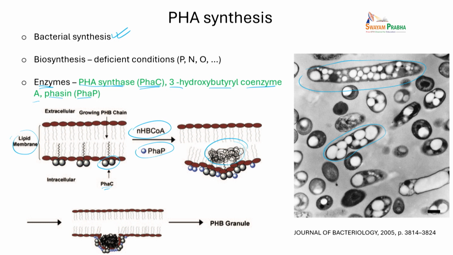Okay. So as this polymer gets longer and longer, they basically form a small granule, and this granule is what you see inside the cell. Okay. So these are the three important enzymes that have been identified as key enzymes for this.